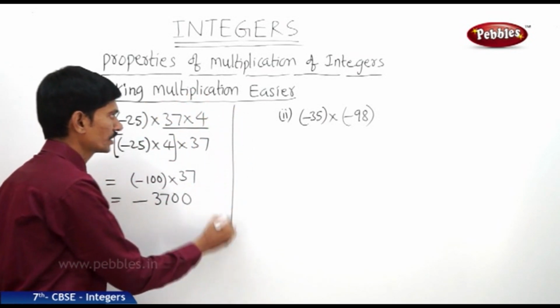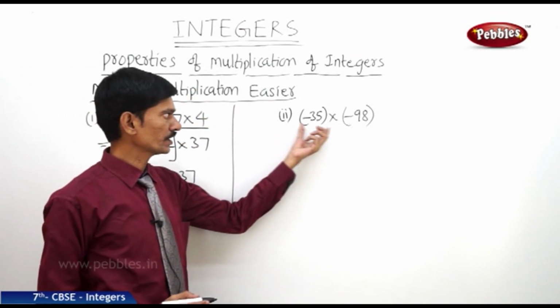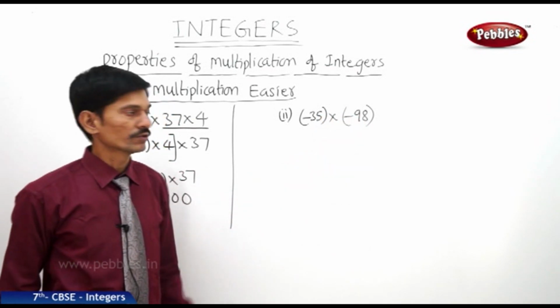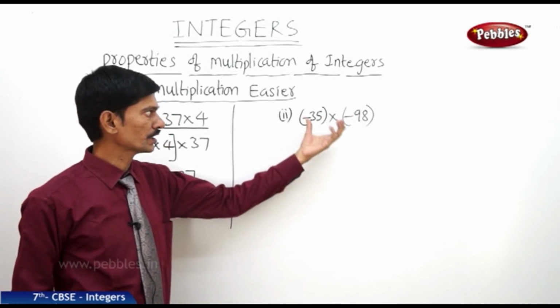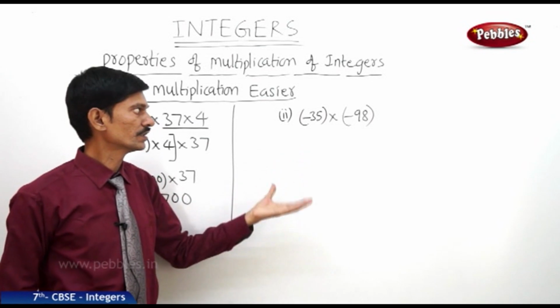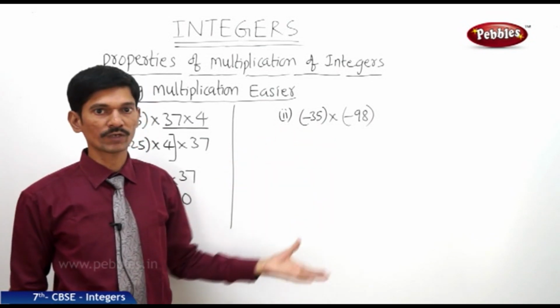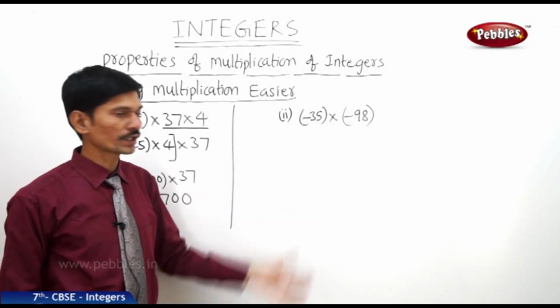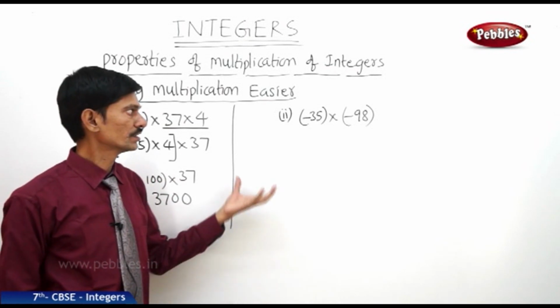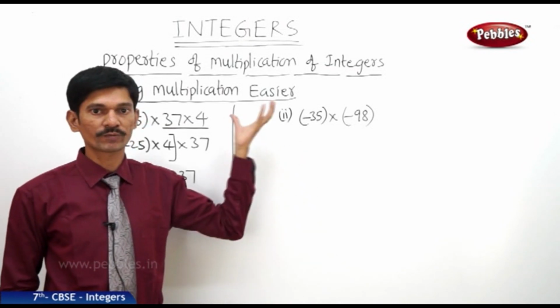Now the second question, minus 35 into minus 98. If you multiply 35 and 98, it will be very lengthy. Instead of doing this actual multiplication, this multiplication can be done easily when we use the properties.